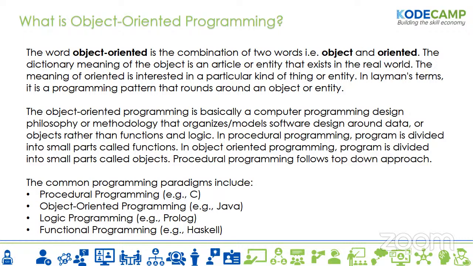Now, the word oriented is talking about a particular kind of a thing or an entity. So what is it oriented to? Generally, in layman's terms, you look at object-oriented programming as a programming pattern that revolves around an object or an entity.